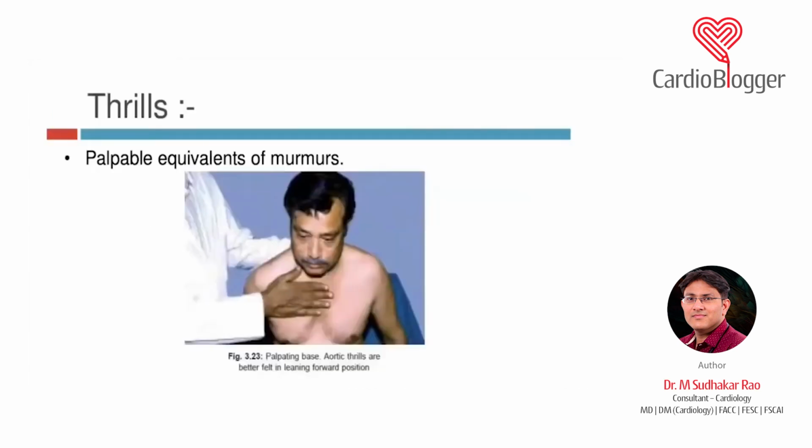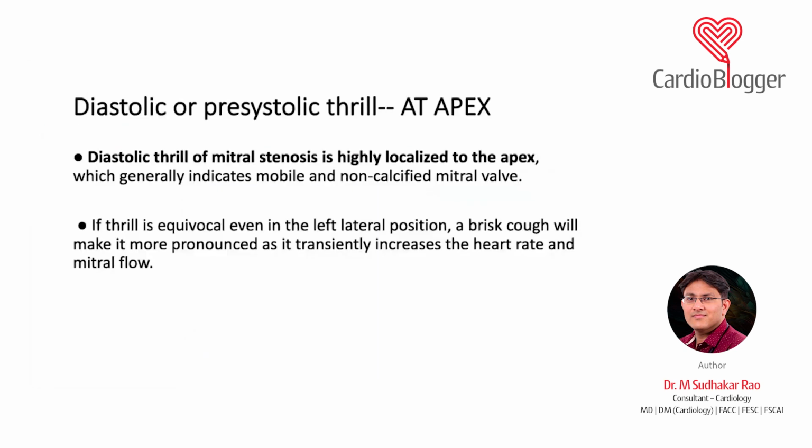So three things are true about any thrill. Now, a thrill, as I already told you, is best felt with the base of the finger, and even some people try to feel it with the fingertips. Now, there are various locations based on which you can diagnose what type of thrill it is. Coming to a diastolic thrill: a diastolic thrill at the apex is usually consistent with mitral stenosis, and it is usually localized to the apex.